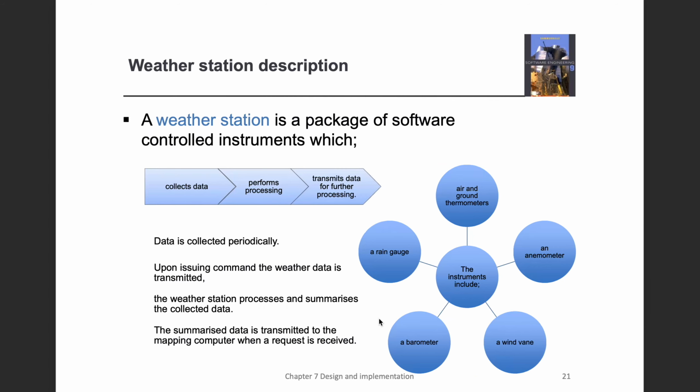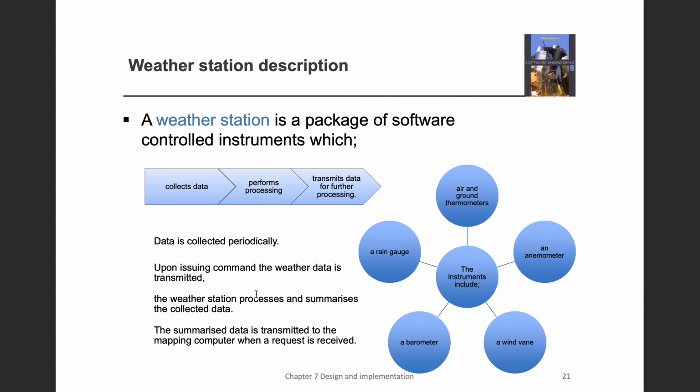So we are looking at our weather station example again. In this package, we are looking at only the weather station, where we have the hardware instruments used to collect information. It collects data, performs data processing, and then transmits that data onward. Data is collected periodically, and upon issuing a command, the weather data is transmitted.